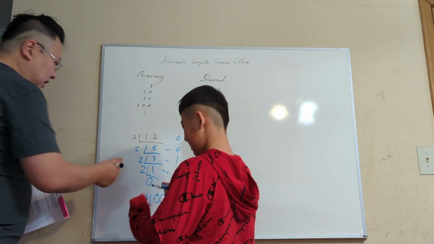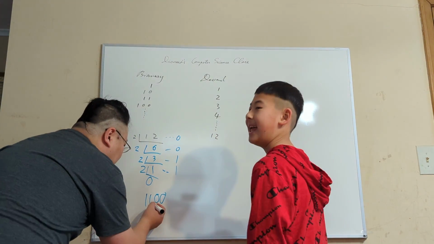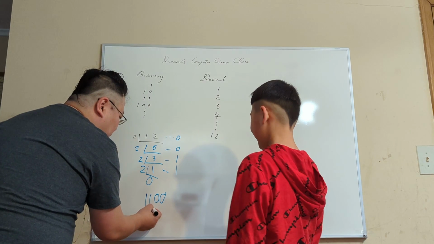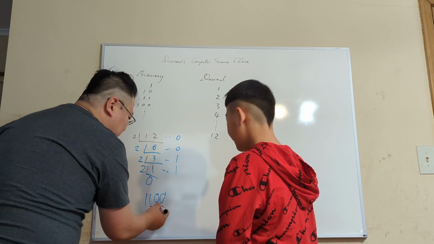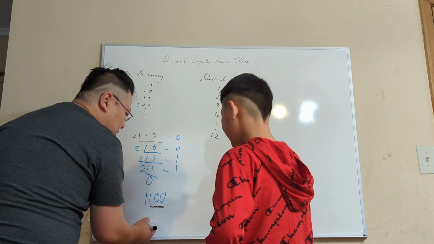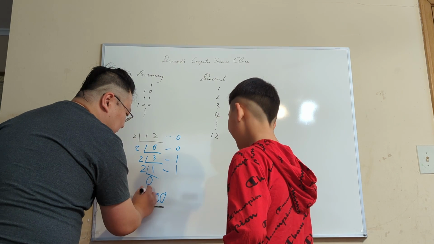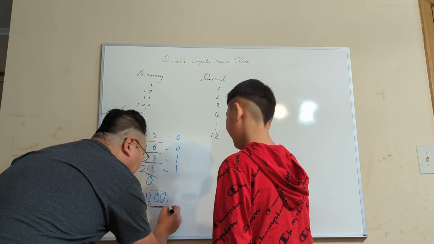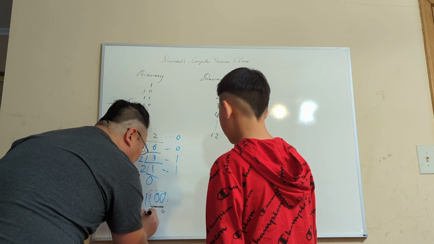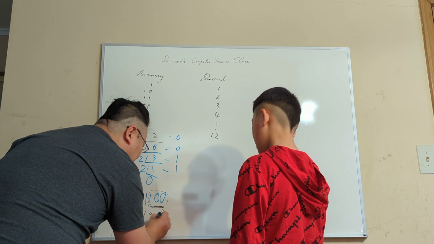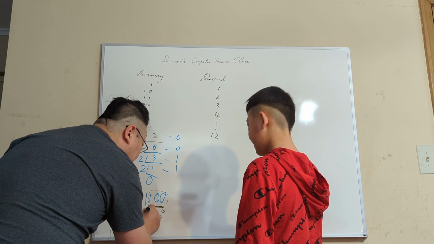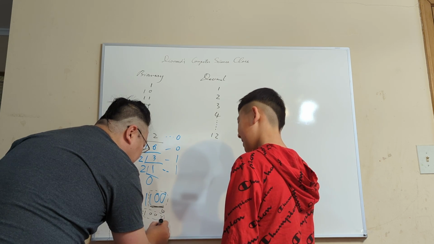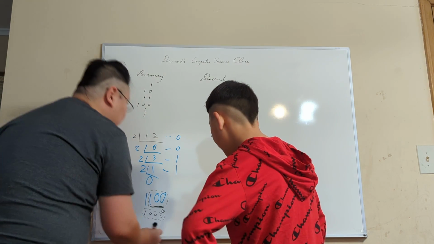Okay. Nice. So, for example, what is this? Let's say this is 4. Yeah, it's 4, right? What is this one? This is 8. 8 plus 4 equals 12, right?